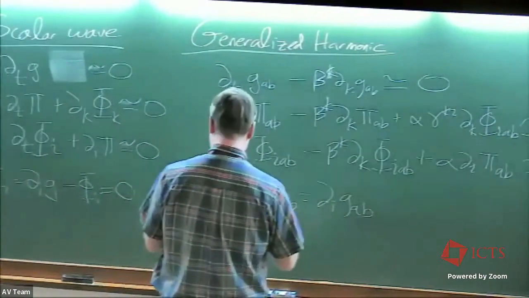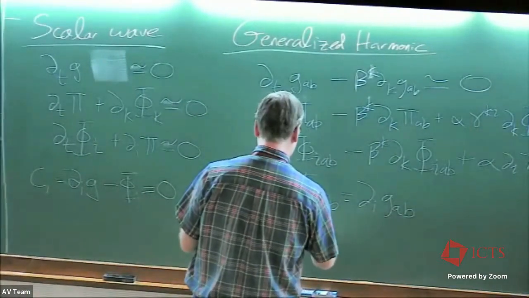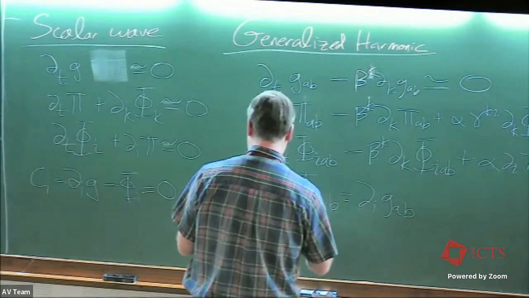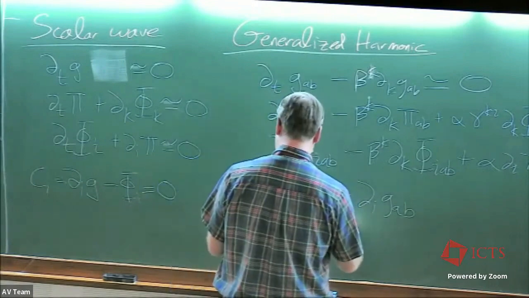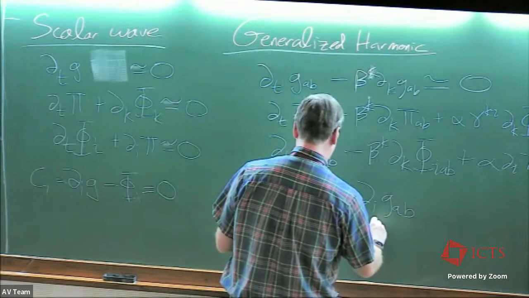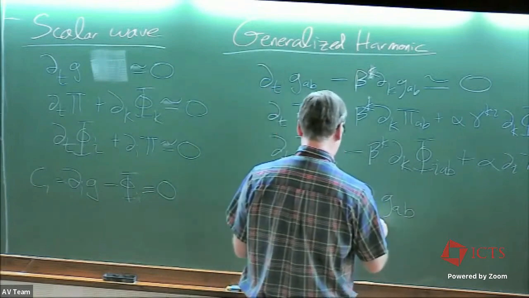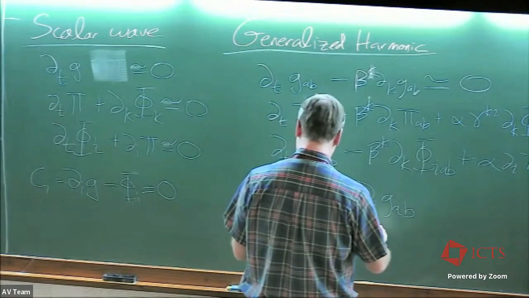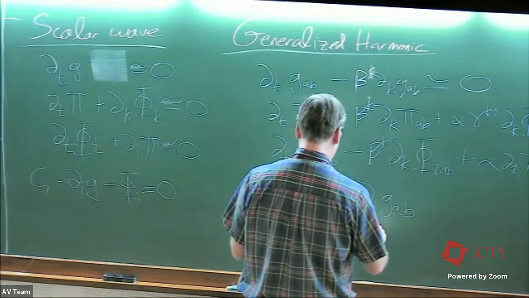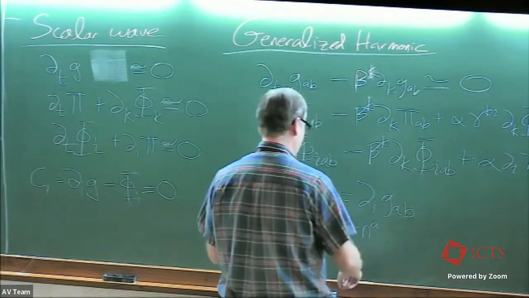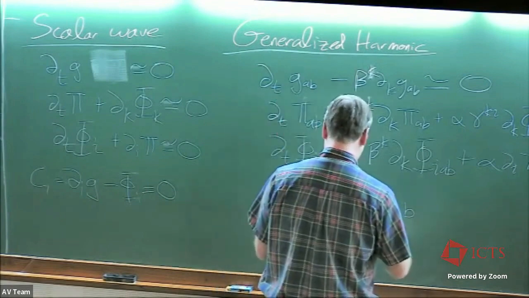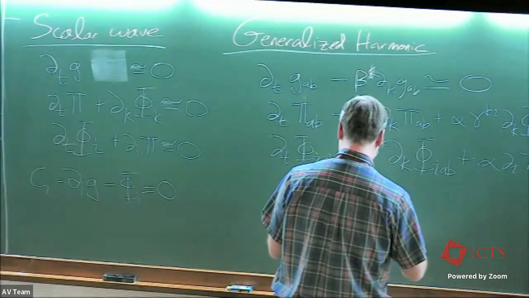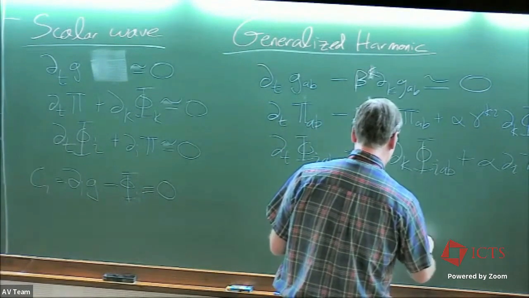And then for Pi, you can write Pi_ab is equal to minus a normal vector, which I'll call n, n^c partial c g_ab, and then I'll explain what this is.